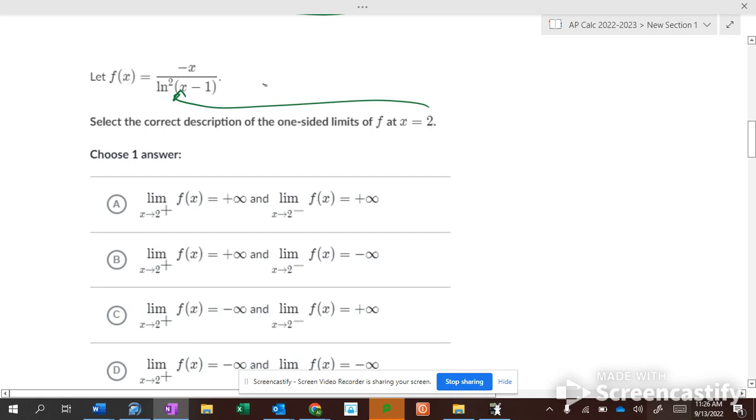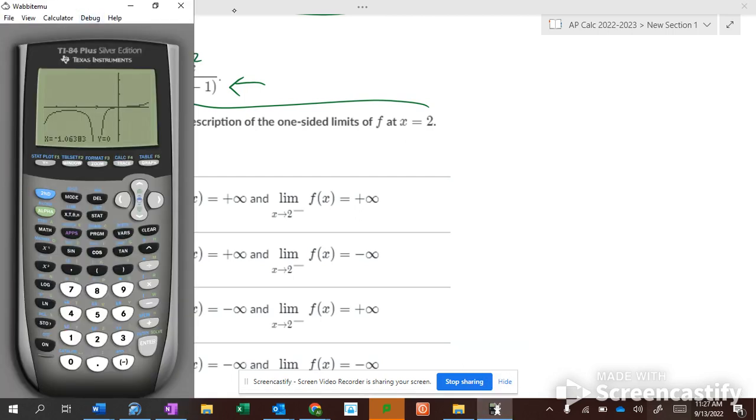If we square it, that's always going to be positive, no matter what. So as we're approaching 2, that's going to make the top negative, whether we're approaching it from the left or the right, correct? So let's just look at the graph just to be certain.